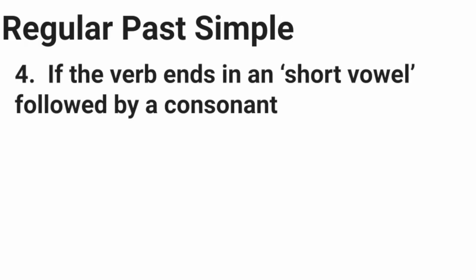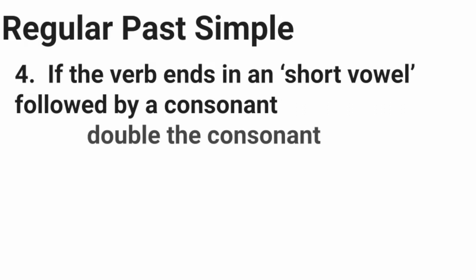Regular past simple. Let's take a look at the last rule. Rule number 4. If the verb ends in a short vowel followed by a consonant, double the consonant, add ed.